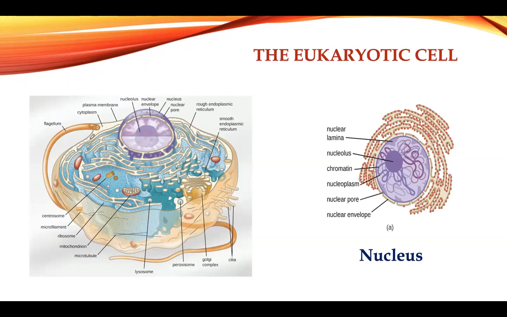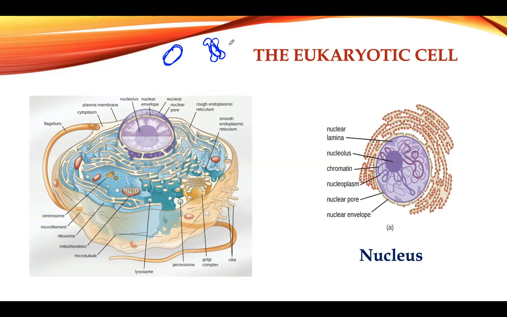But all eukaryotic cells have a plasma membrane, or the cell membrane. It has the same structure as the prokaryotic plasma membrane, a phospholipid bilayer, and in between the phospholipids we have protein, different types of protein.